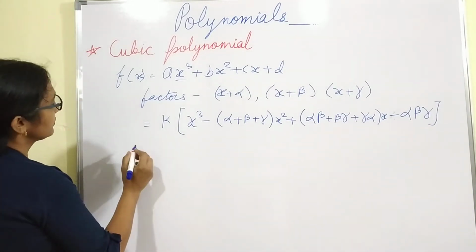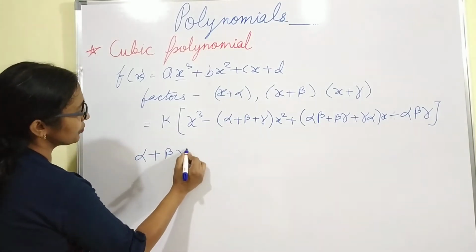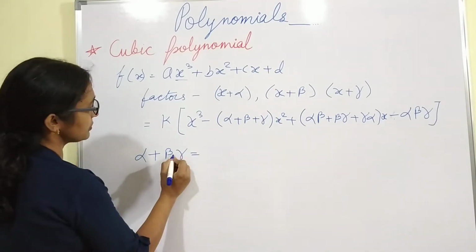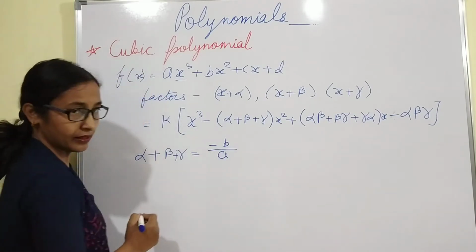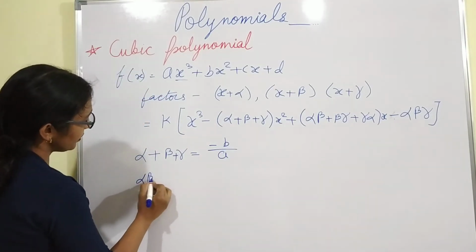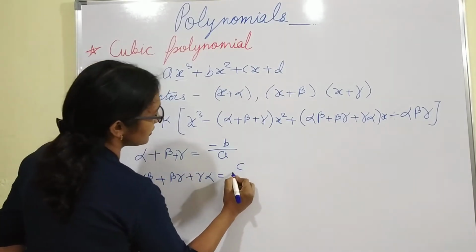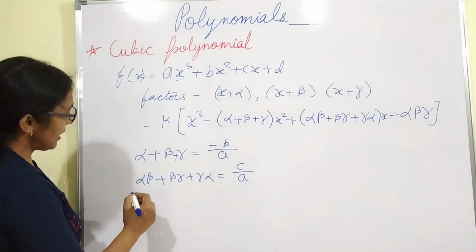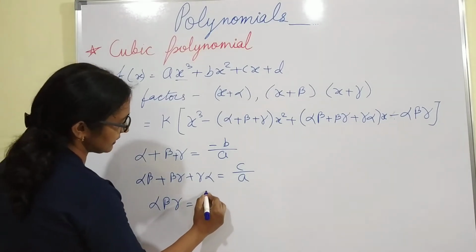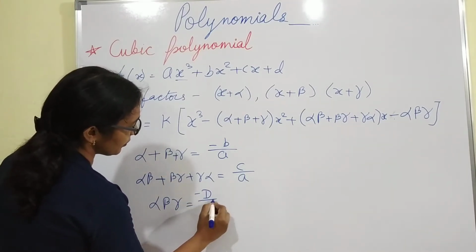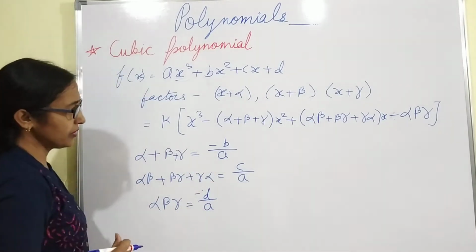Now, the sum of the zeros has the value minus b upon a. The sum of the product of zeros is c upon a, and the product of the zeros has the value minus d upon a.